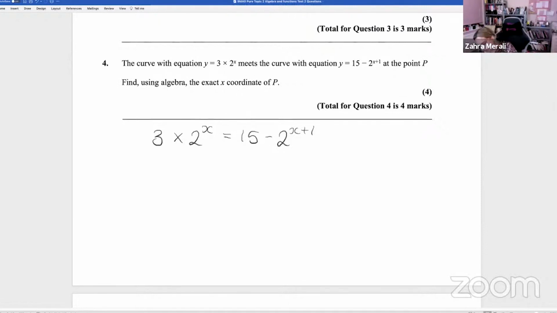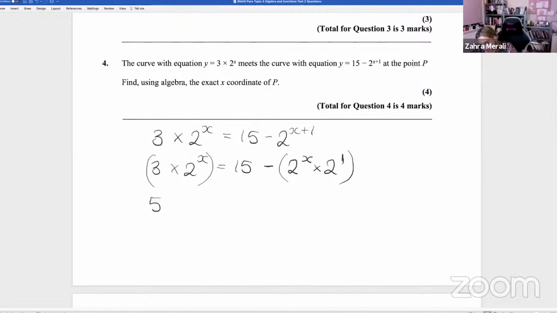So we're going to have 3 times 2 to the x equals 15 minus 2 to the x times 2 to the 1. Right? So if you can see here, you've got 2 lots of 2 to the x on the right-hand side and 3 lots on the other. We could put them all onto one side.